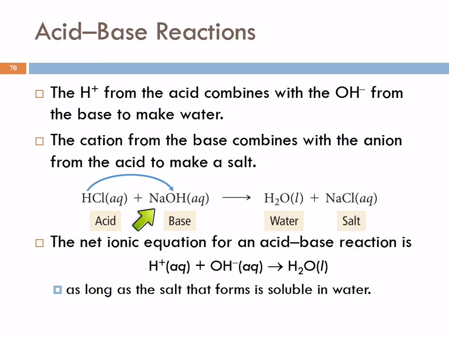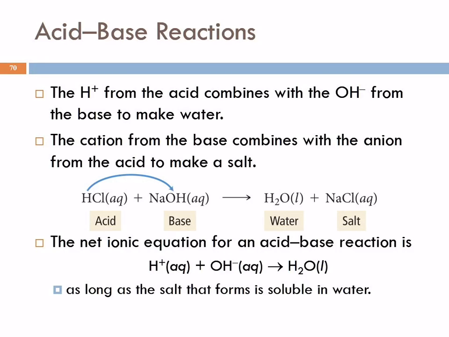These are going to do that same double exchange, switching of partners, and they're going to form water and salt. And by the word salt, chemists mean an ionic compound. It could be sodium chloride, it could be potassium iodide, it could be ammonium nitrate. Any ionic compound is a salt. Table salt is sodium chloride. So we've got water forming and we've got salt forming.